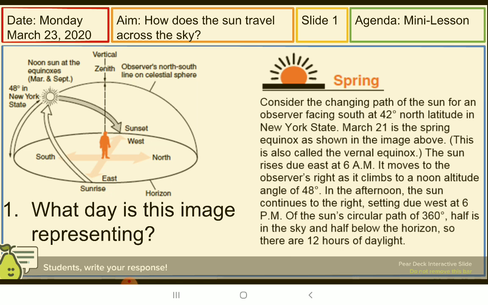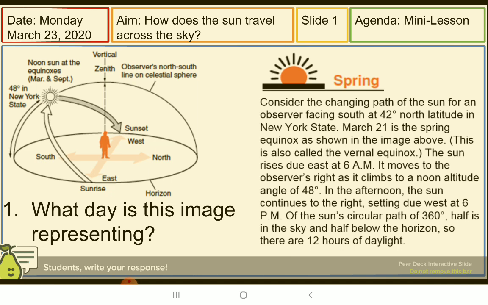No, but that's what you would see. In the afternoon, the sun continues to the right. So it rose in the east, and now it's going west, and it's going to set in the west at 6 p.m. So of the sun's circular path that is 360 degrees, half is in the sky and half is below the horizon. So that's what gives us 12 hours of daylight and 12 hours of nighttime.